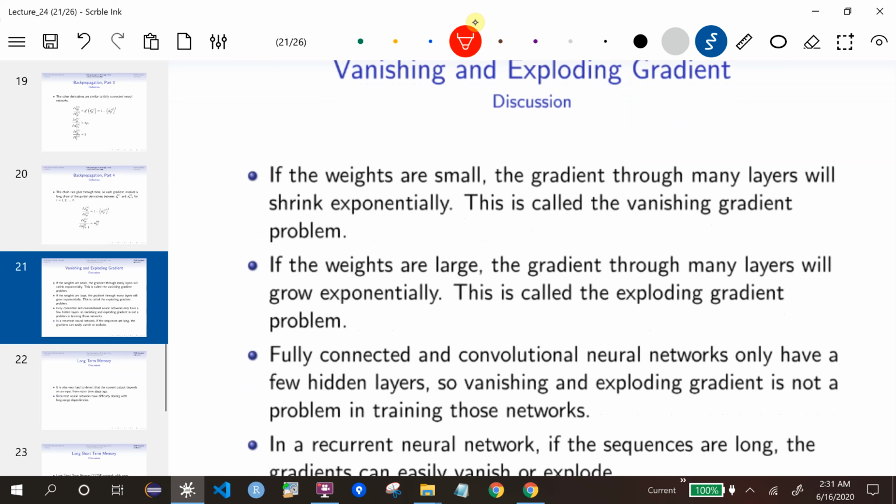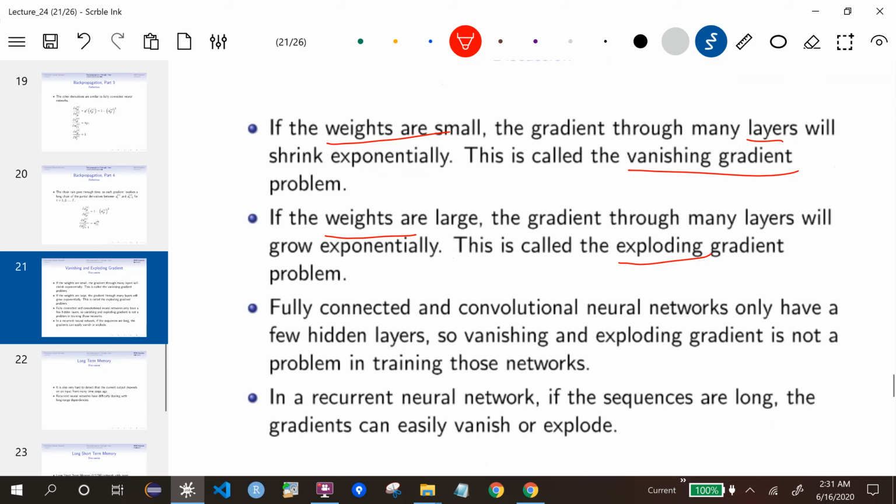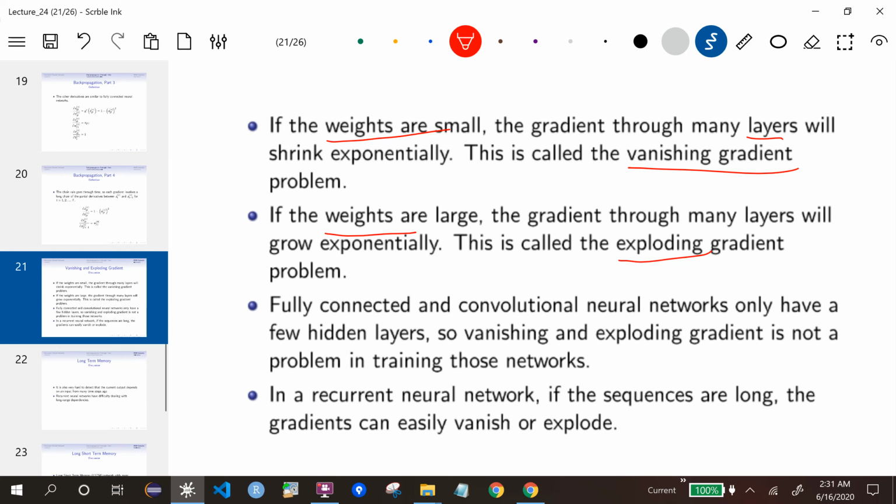So here it says if the weights are small, then the gradient multiplying through the layers for different time steps is going to be close to 0. And this is called the vanishing gradient problem. And the opposite, when the weights are large, we're multiplying this multiple times and it's going to explode, and it's the exploding gradient problem. So we talked about this before, actually, when we talked about very, very deep convolutional neural networks.